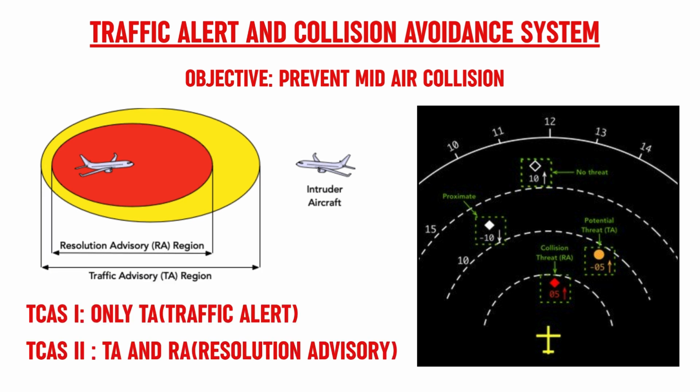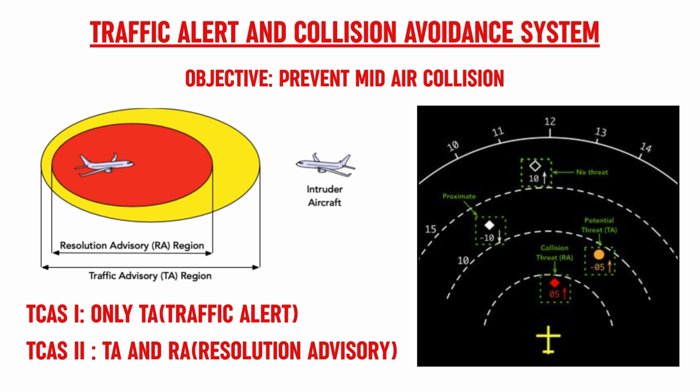TCAS 1 only provides alert of nearby traffic and the pilot has to visually locate the traffic and avoid collision by maneuvering if required. TCAS 2 provides both alerting as well as climb or descent commands to prevent collision, and these commands are called RA, which stands for Resolution Advisory, if collision is imminent.